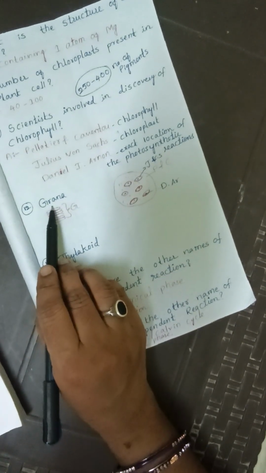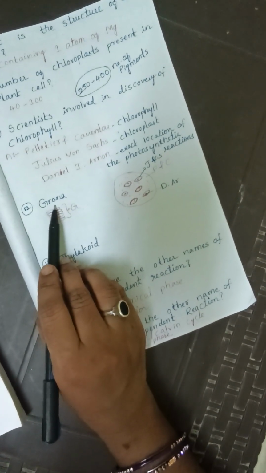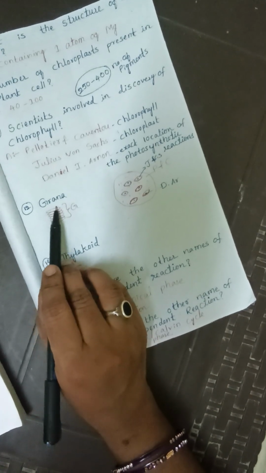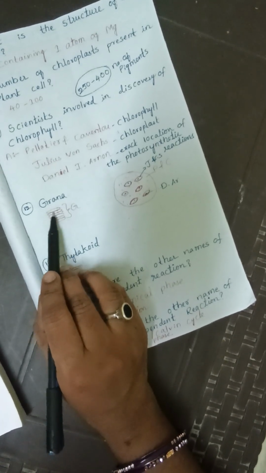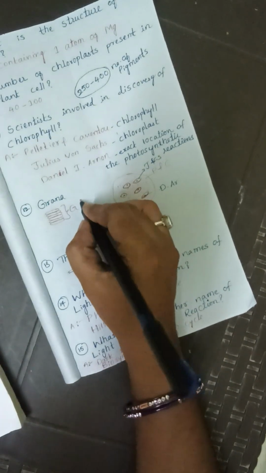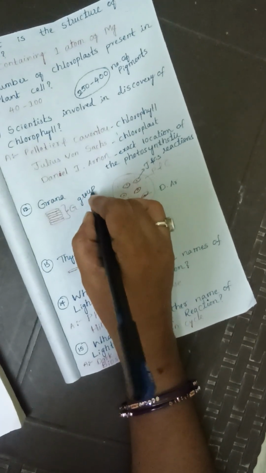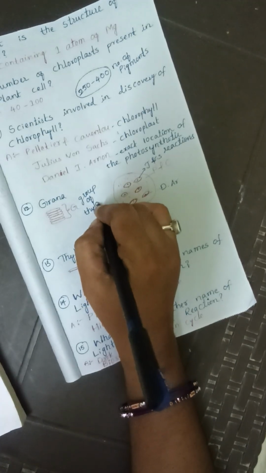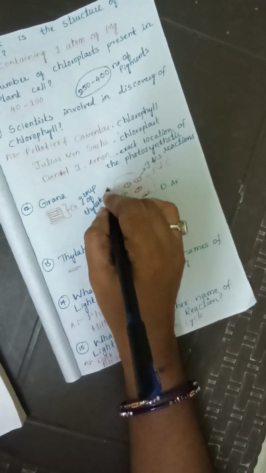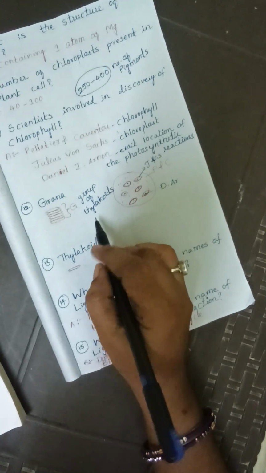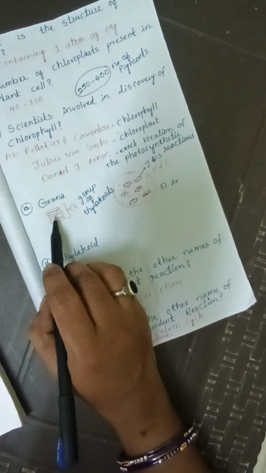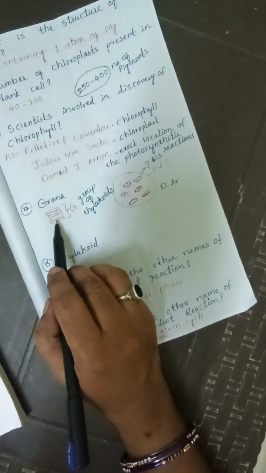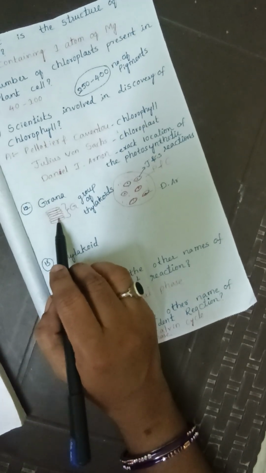So the 12th question is grana. We should know the structure of how the grana is present in the chloroplast. Grana is a group of thylakoids. A group of thylakoids means there are a number of thylakoids, each one present over the other.